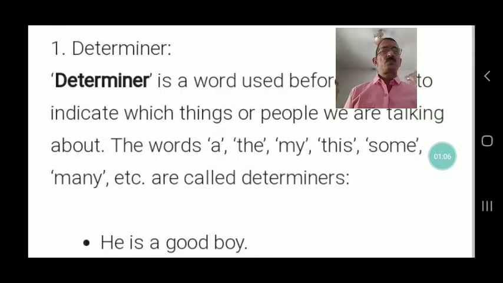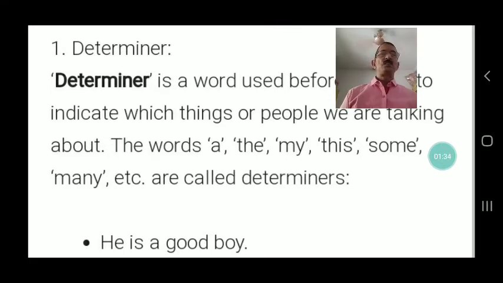First of all, I would like to tell you the definition of a determiner. It is a word used before a noun to indicate which things or people we are talking about.